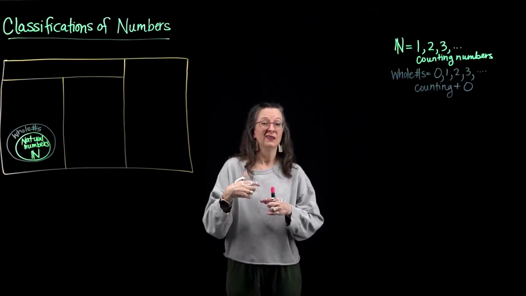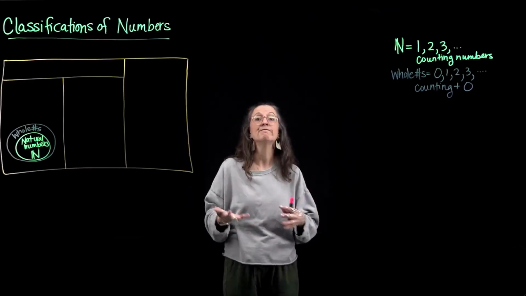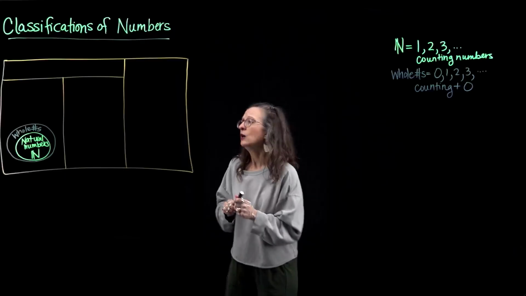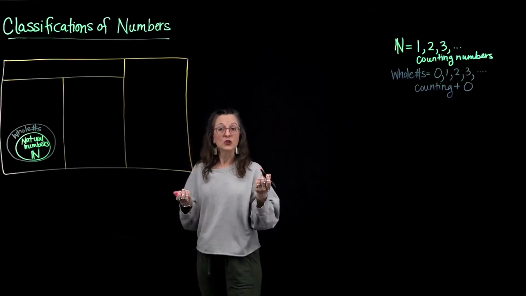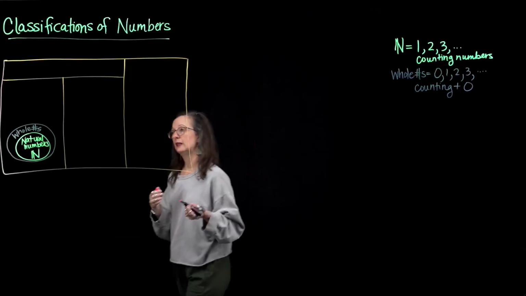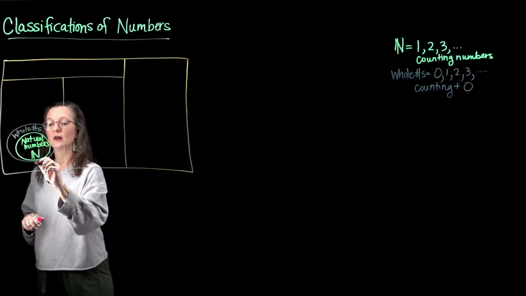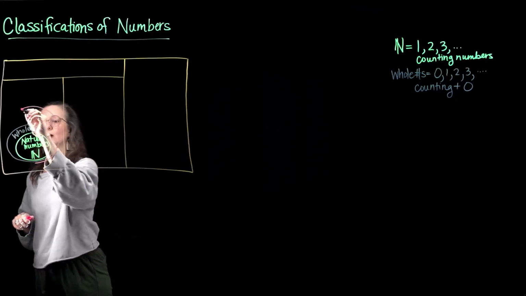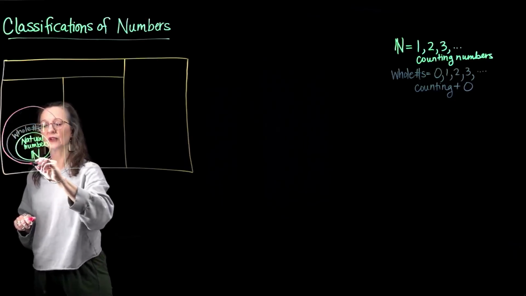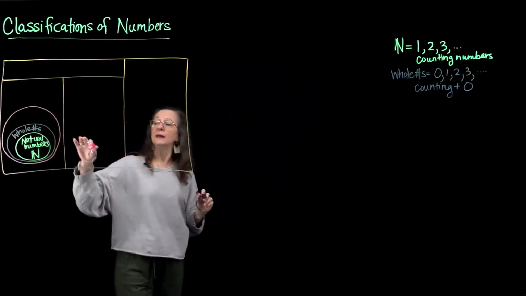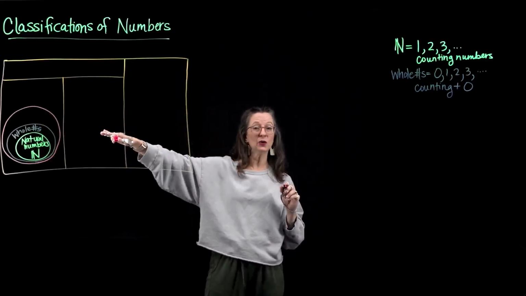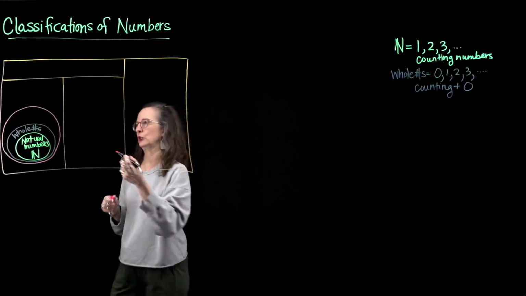We are missing 3 buffalo. Things are gone. So that brings us to our integers. So the integers, that grouping is around the natural numbers and the whole numbers because all natural numbers and whole numbers are also integers.